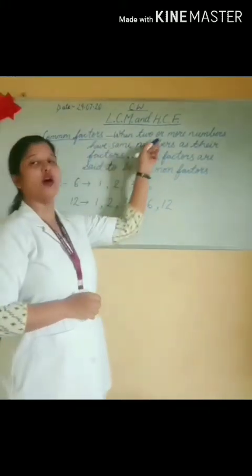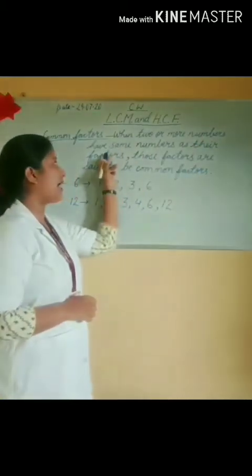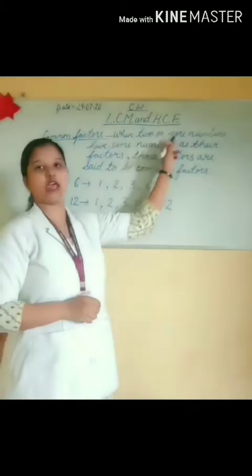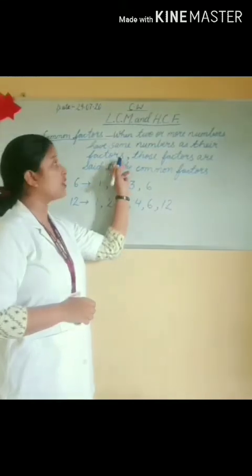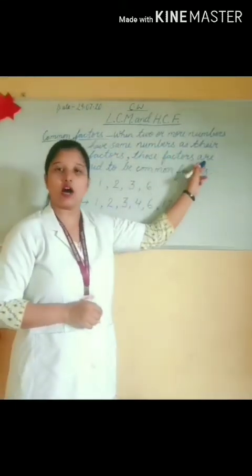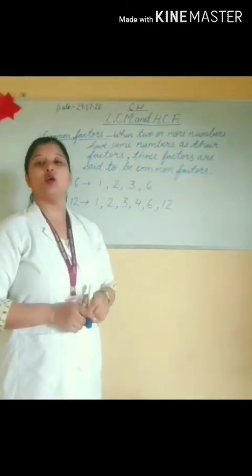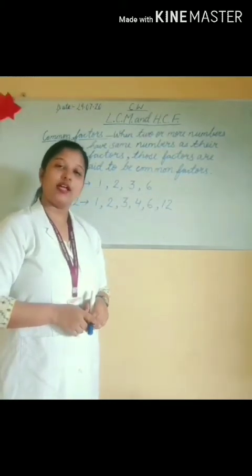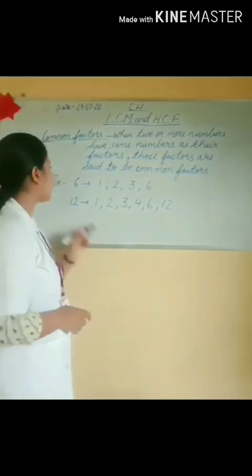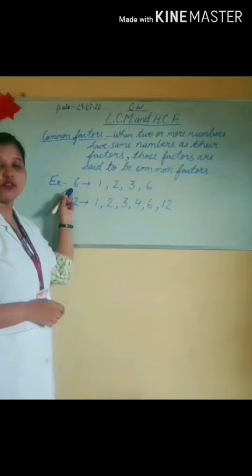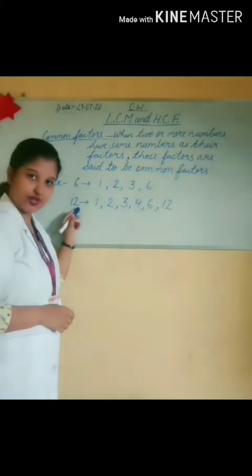When two or more numbers have the same numbers as their factors, those factors are said to be common factors. Let us take an example. We have two numbers, 6 and 12.